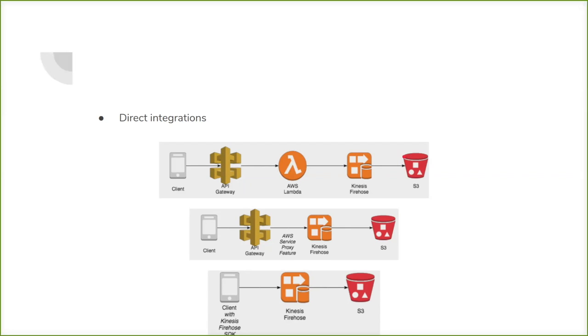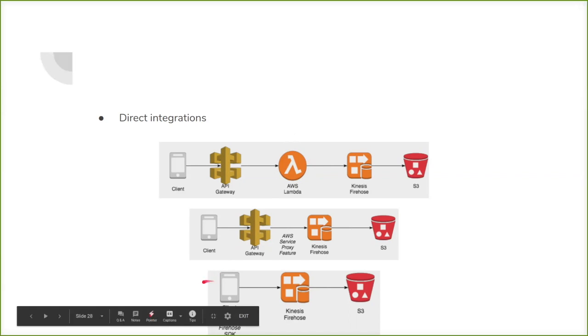So basically, we can use service proxy features, and we can remove the Lambda layer if we really don't need it, and basically cut down the cost that we are going to spend on this Lambda. Or else we can remove the API Gateway also, using direct Kinesis Firehose SDKs and push it to S3 using Firehose. So that means we have removed API Gateway as well as Lambda, both.